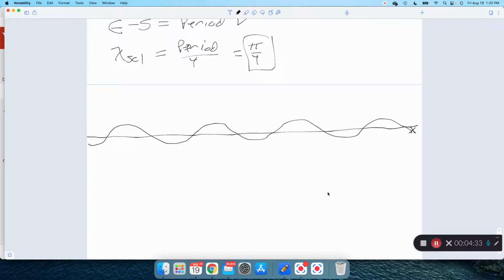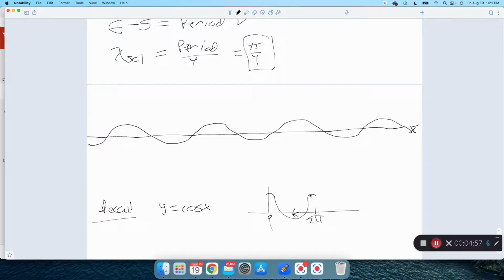Okay, now we've got to think, what does the graph of cosine look like? So recall, y equals cosine looks like this. Here's one period. That's a pi. There's one period of cosine.